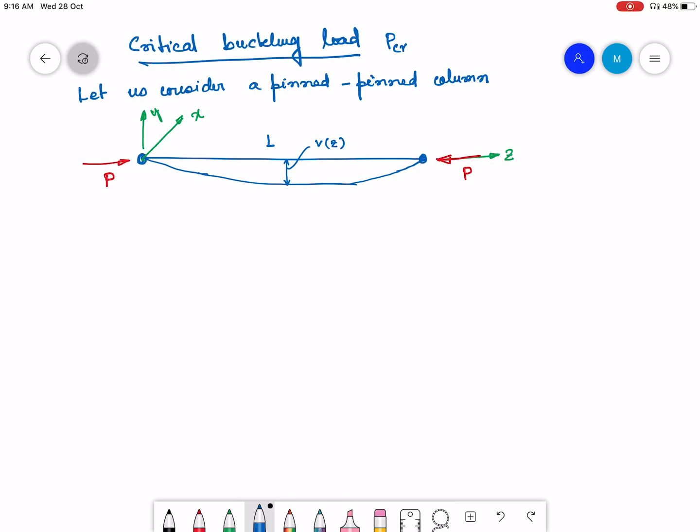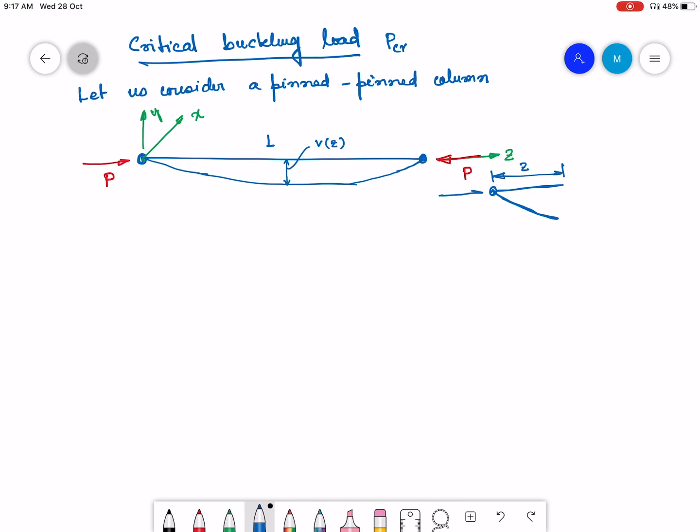Now, if I try to write down the equilibrium equation, let me take a small portion of the column.